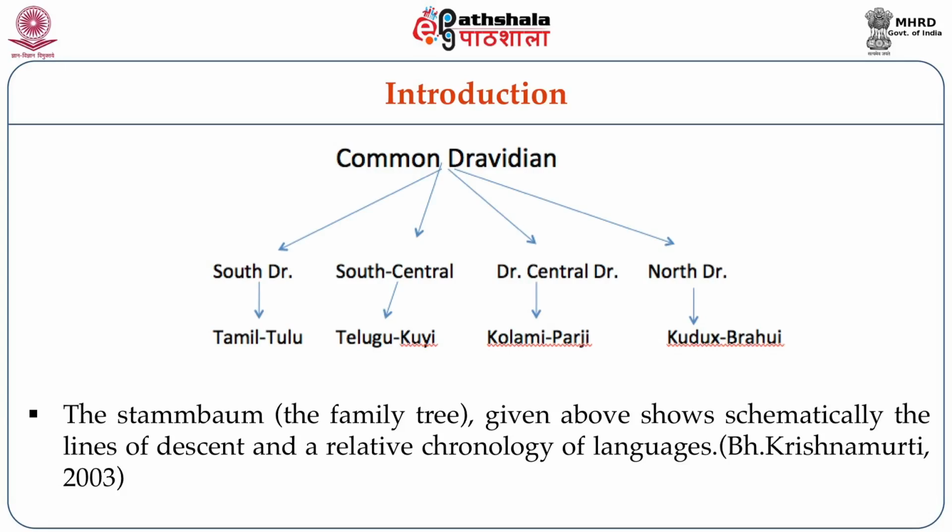In the case of Dravidian, we use the word Common Dravidian because we do not have a language which can be identified as the earliest form of Dravidian. From there, we have tried to show four branchings, and this kind of tree diagram is known as a stammbaum or family tree.